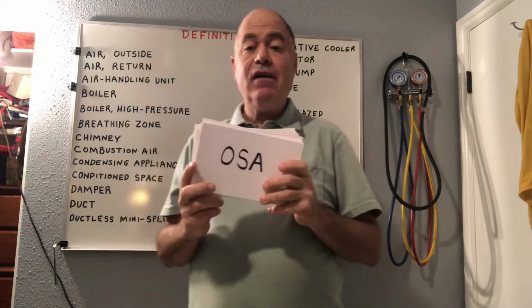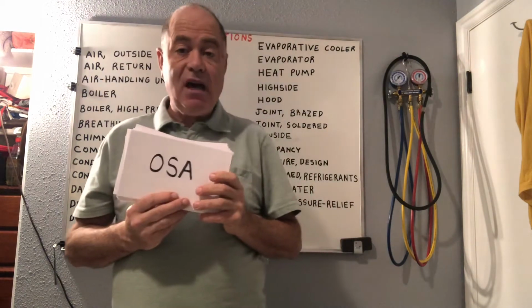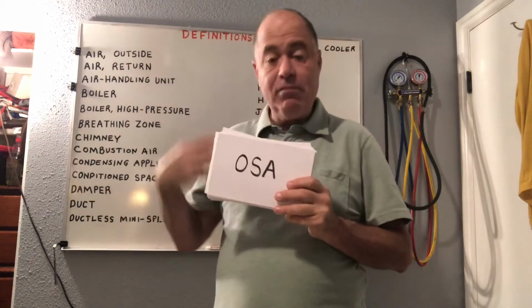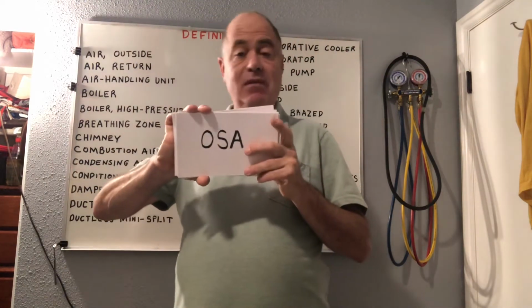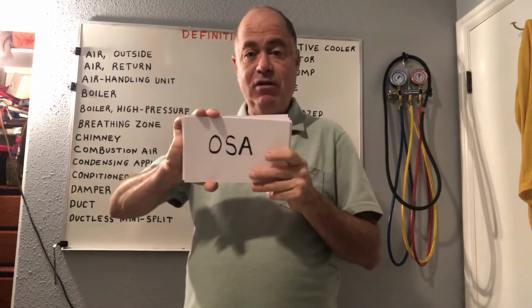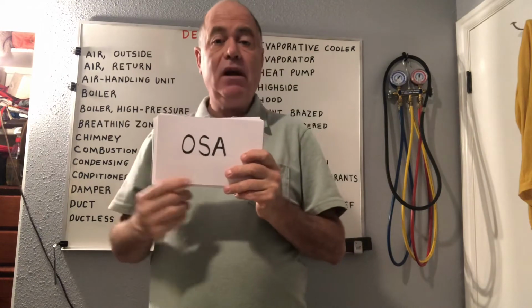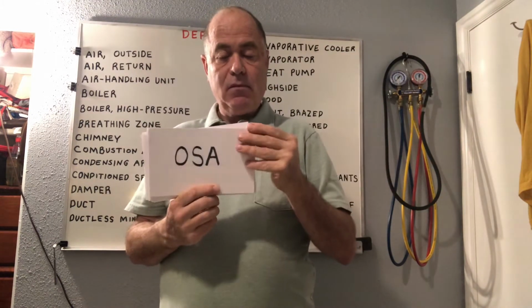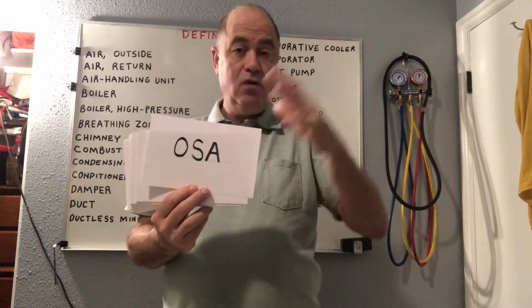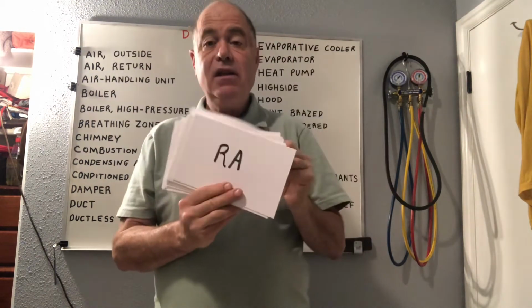And along with that, we have OSA, outside air. We're always trying to bring in some outside air into buildings to freshen the air. Sometimes we bring 15%, sometimes we bring 100%, but when we talk about outside air, it's using mechanical ventilation to bring that in. And then return air.